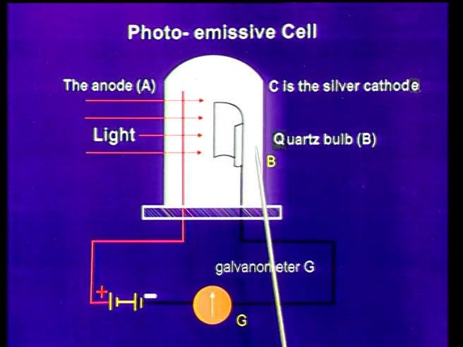A quartz bulb is being used. The quartz is used so that ultraviolet light as well as visible light both will fall on the photocathode. So, when the light falls on the photocathode, immediately that will produce some amount of current, observed in the galvanometer G.